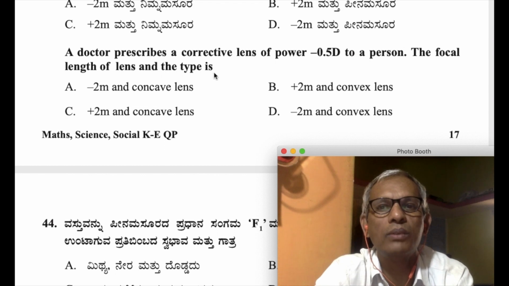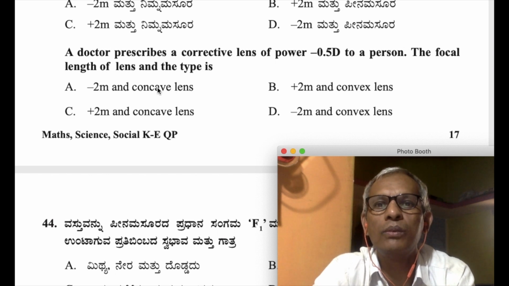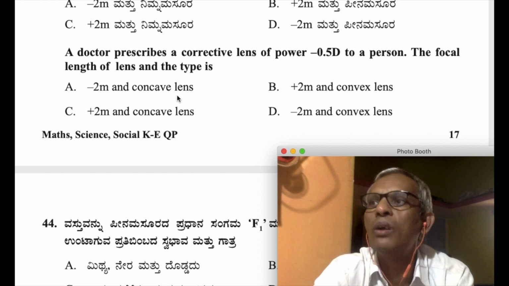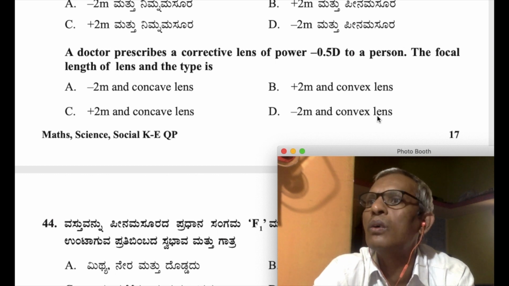They are asking what the focal length is and what type of lens the doctor is providing to the person if the power is minus 0.5 D. A is minus 2 meter and concave lens, B is plus 2 meter and convex lens, C is plus 2 meter and concave lens, D is minus 2 meter and convex lens.